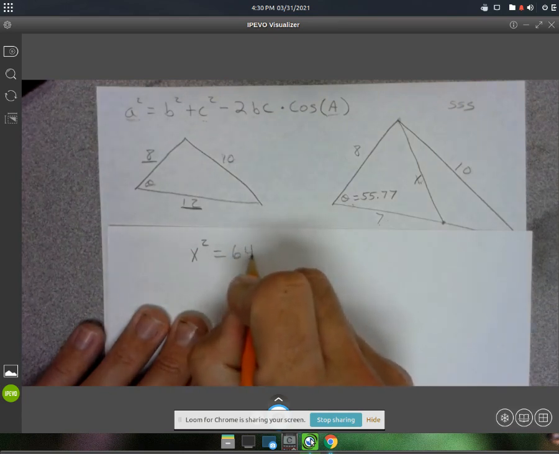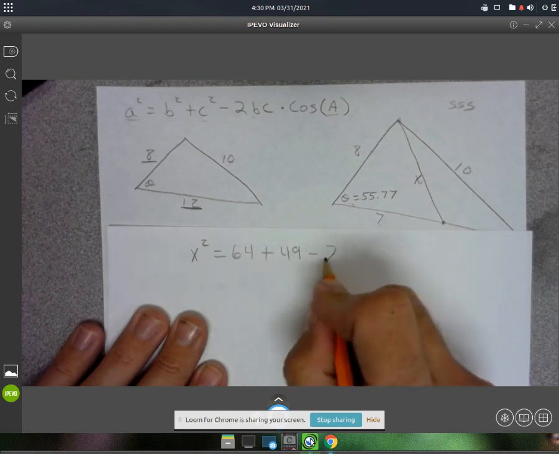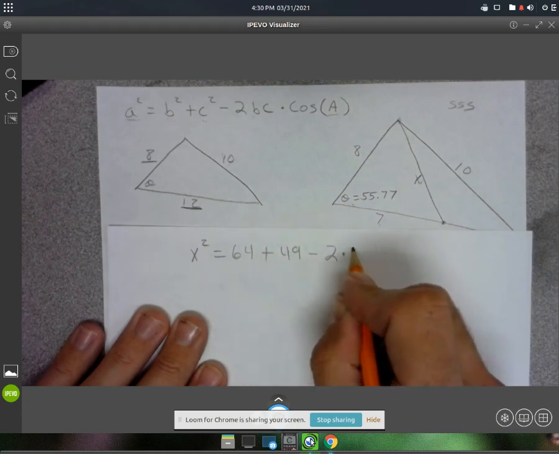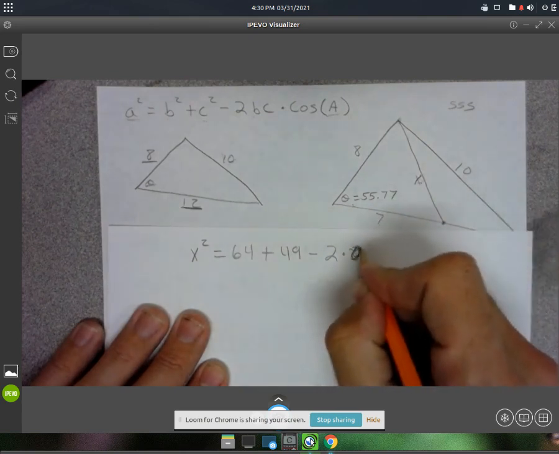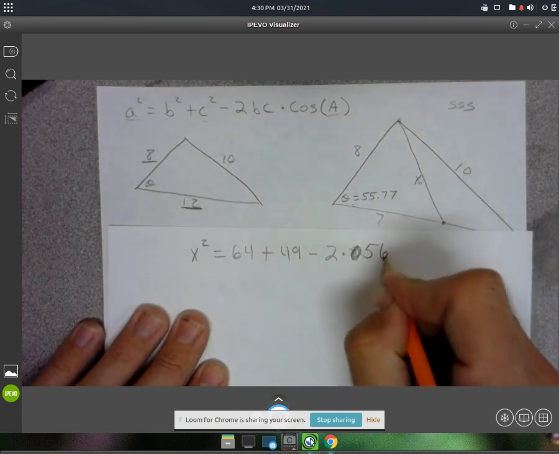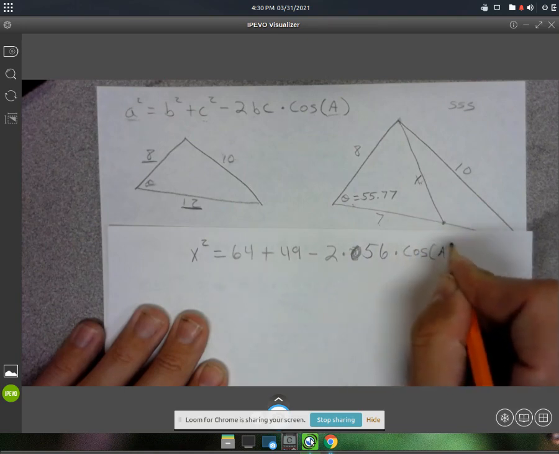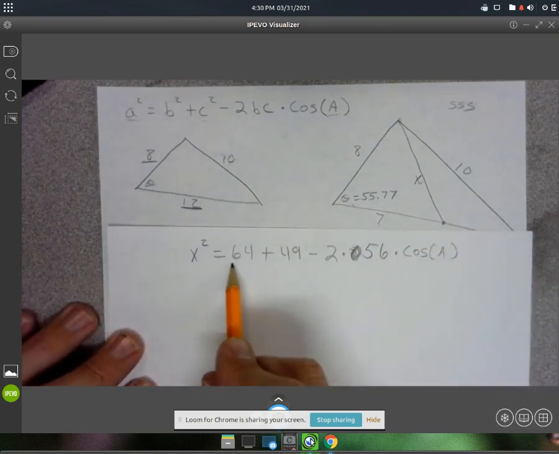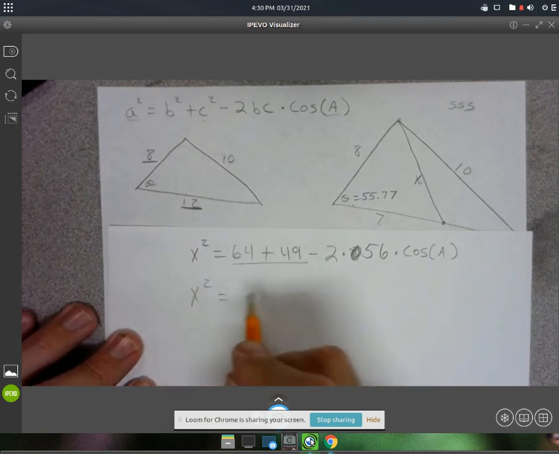So 8 squared is 64, 7 squared is 49, minus 2 times 8 times 7, 2 times 56, times cosine of A. Okay, I can combine those real quick.